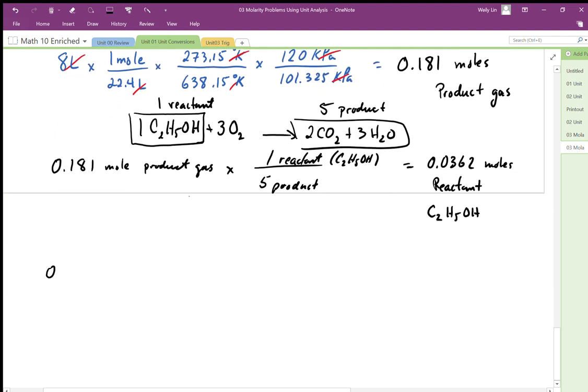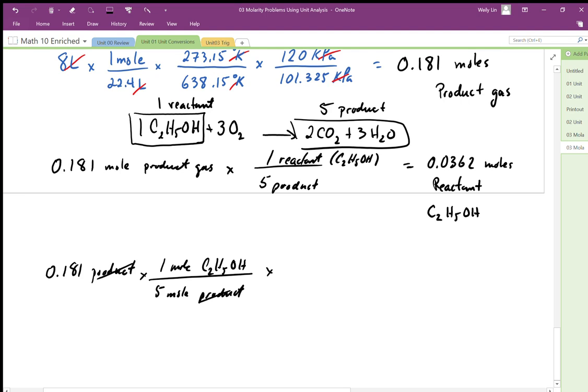So I'm just going to start with the moles of product gas, 0.181, times my conversion factor, 1 mole of C2H5OH for 5 moles of product. Those are going to cancel out. And then once I have the moles of C2H5OH, I need to convert that using the molar mass.